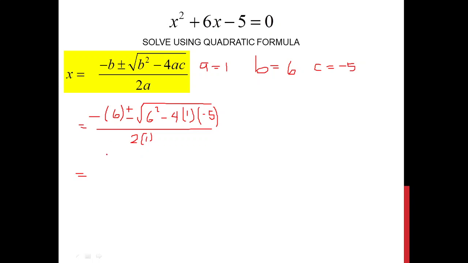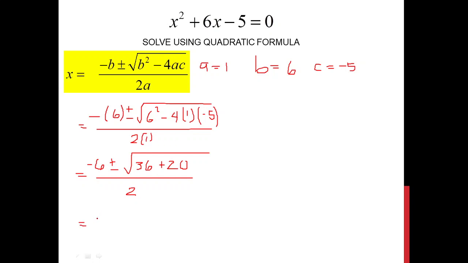Simplify. Negative times 6 is negative 6, plus and minus the square root of 6 times 6 is 36. Then we have here negative 4 times 1 is negative 4. Negative 4 times negative 5 is negative 20. Sorry, positive 20 rather, because negative times negative is positive. Over 2 times 1 is 2.